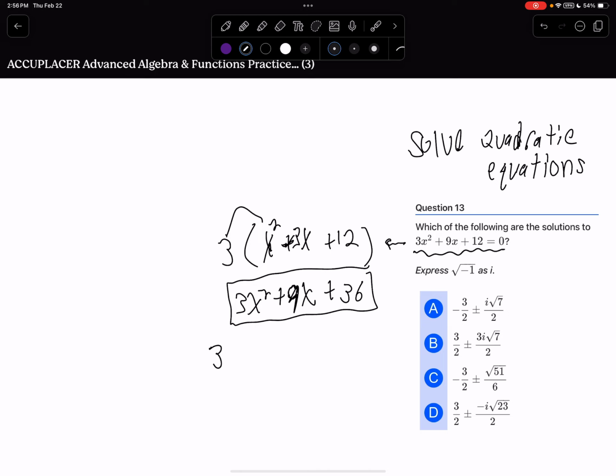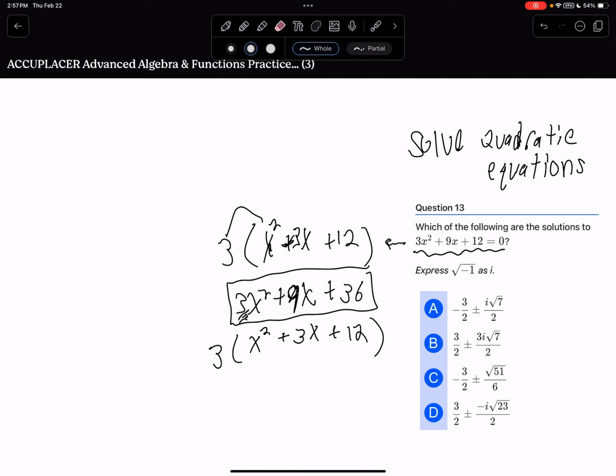If I put a 3 in the front and then figured out what was left after I divided a 3 out, well, 3 divided by 3 is just 1. So that's just x squared, or 1x squared. I'm going backwards and showing you dividing something out. If I divided a 3 out of the second one here, I'd have 9 divided by 3, which is just 3. X stays there. And 36 divided by 3 would be 12.